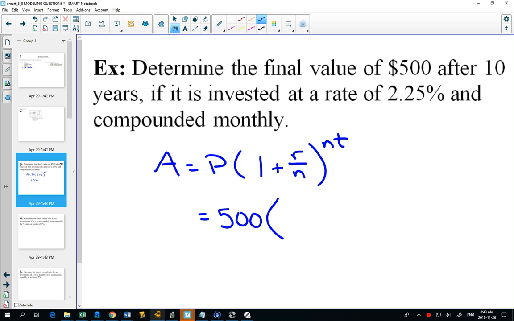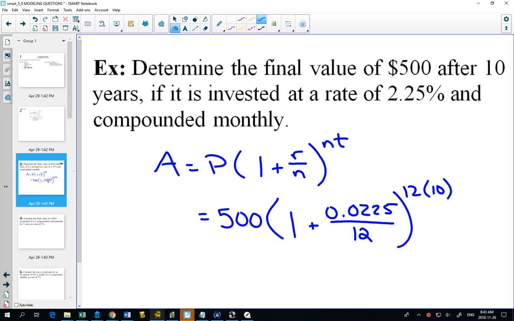Invested at a rate of 2.25% interest, so we need to change that to a decimal. Compounded monthly, N stands for how many periods per year it's compounded, so that would be 12, for 10 years. So in this case, we want to solve for A, the amount.